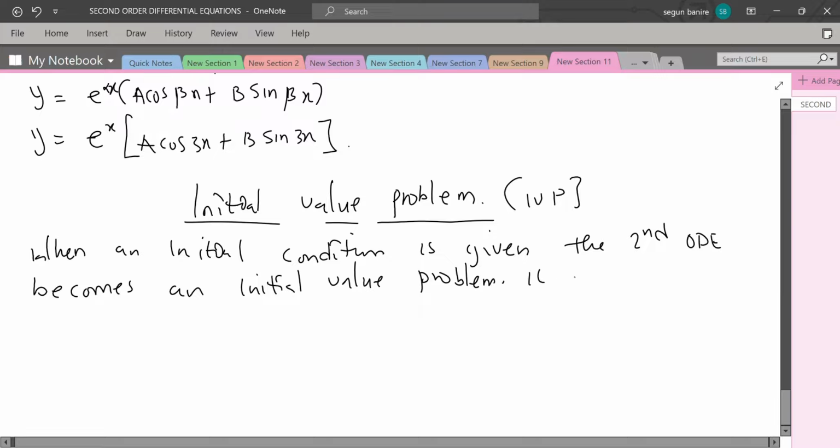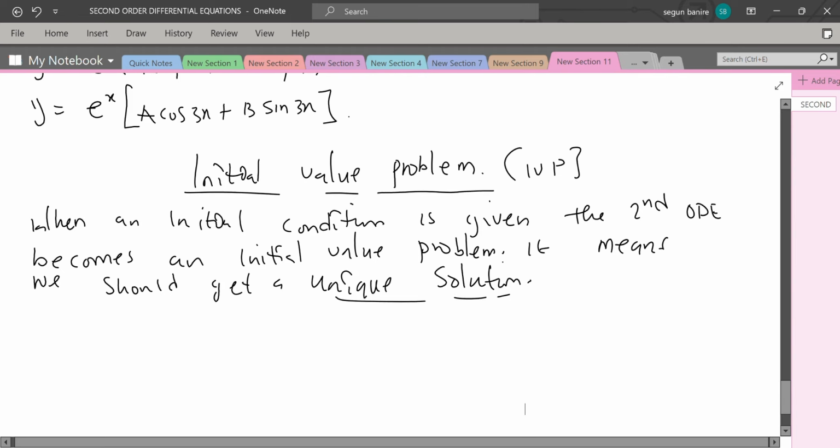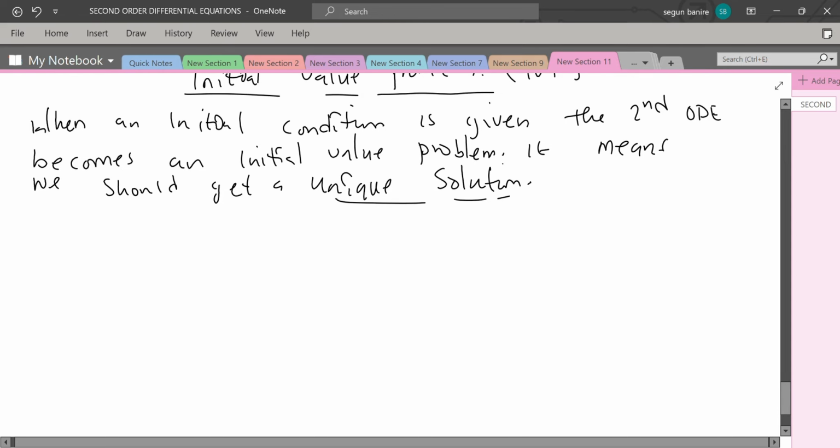It means we should get a unique solution. So what we had before was a general solution. If they give you an initial condition, it means you have to get a unique solution. So let's consider an example.